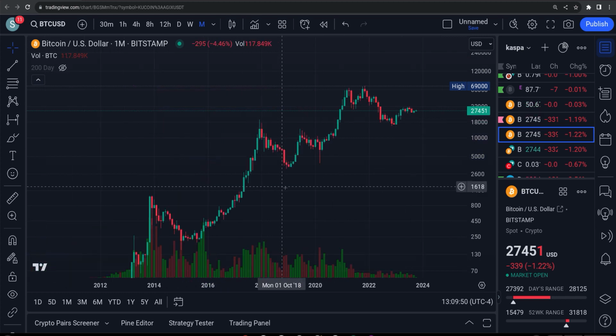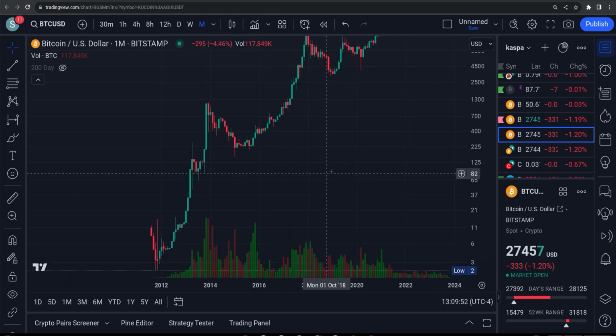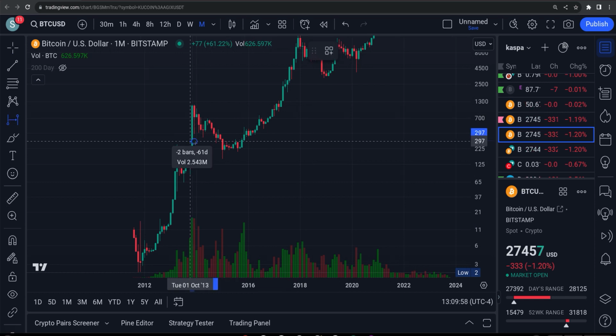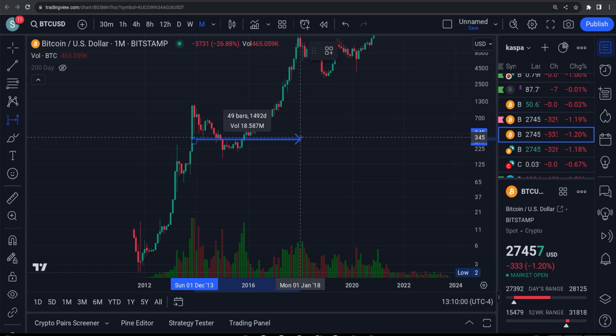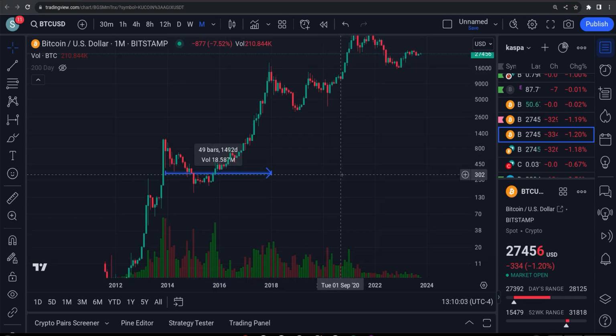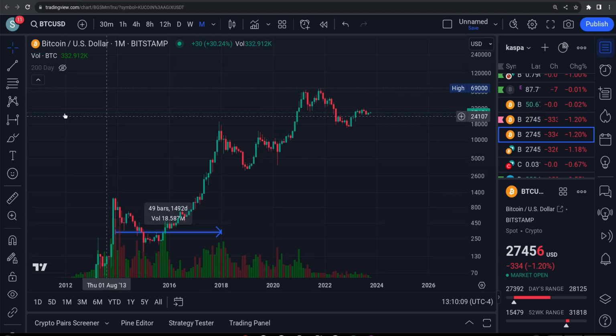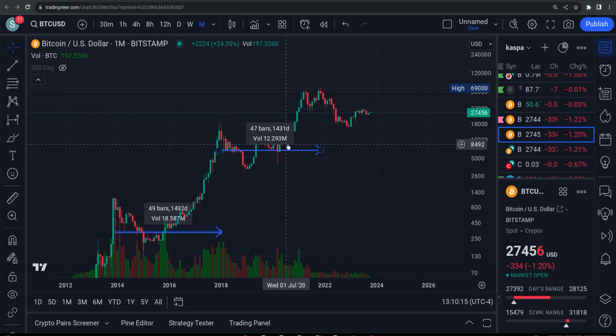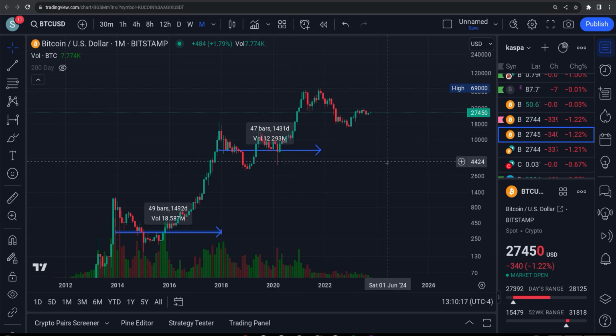Now these bear markets, that's another thing I'm going to cover real quick here. The date ranges, if you take it from the top, peak to peak, 1,492 days. Now this peak to this peak, the peak was right there, 1,431 days.